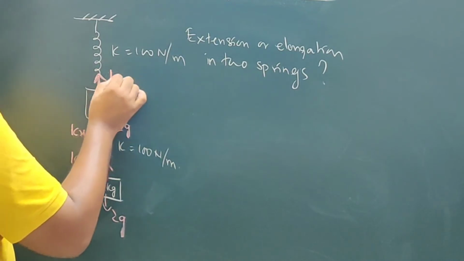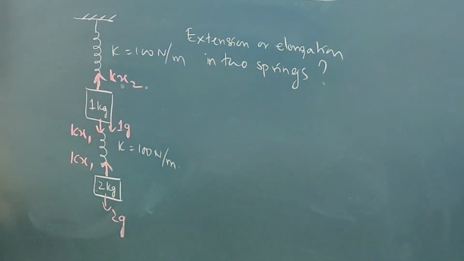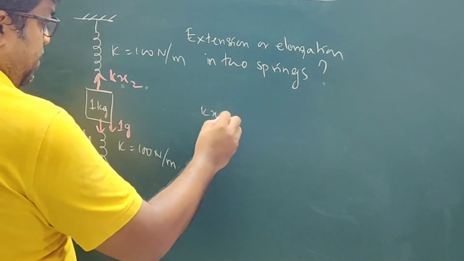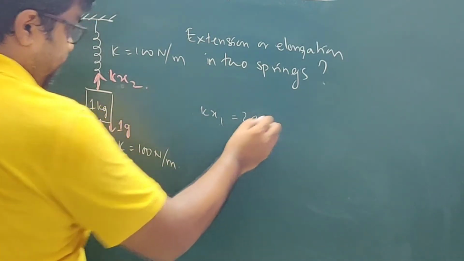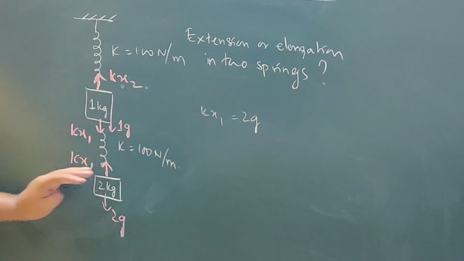For this spring, kx2, where x2 is the elongation in this spring. So for this block, kx1 is equal to 2g. 2g is the downward force, kx1 is the upward force. It is in equilibrium obviously after undergoing elongation.